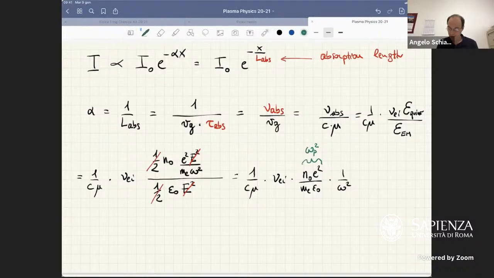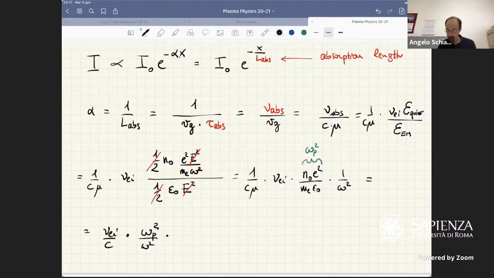And we can write everything as, let's collect, okay, so we have the collision frequency divided by c, then we have omega_p, the plasma frequency, divided by omega of the laser.